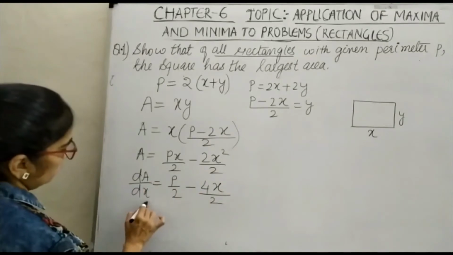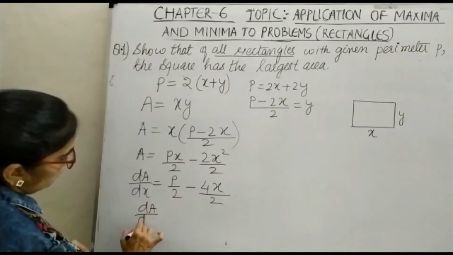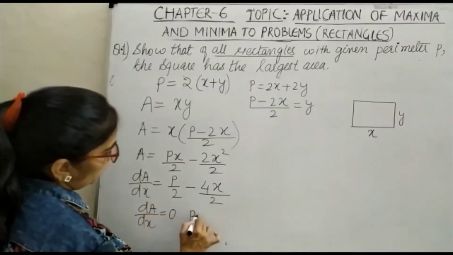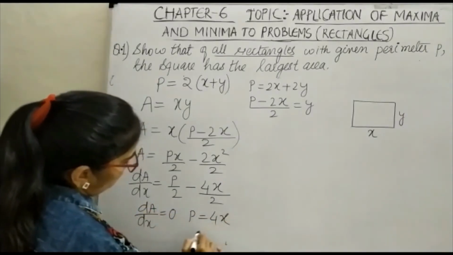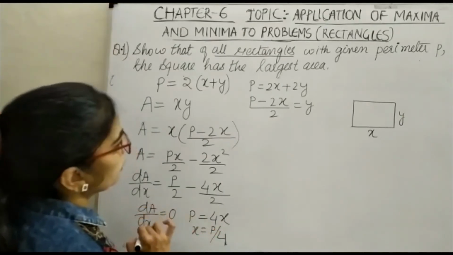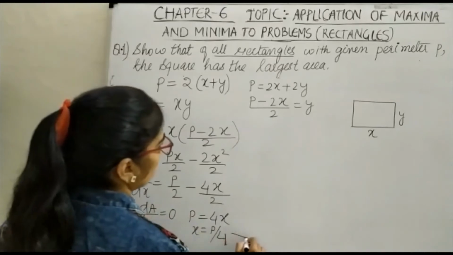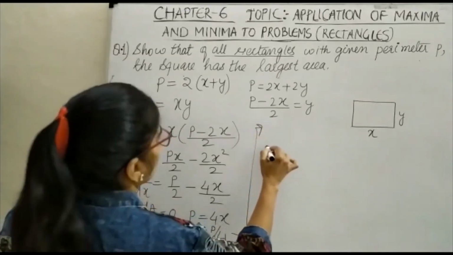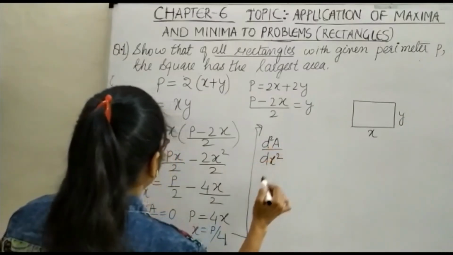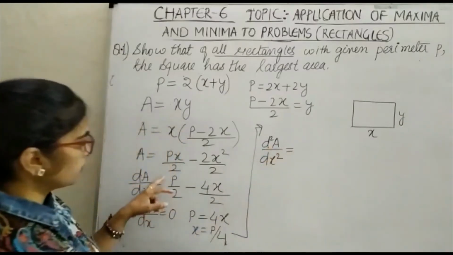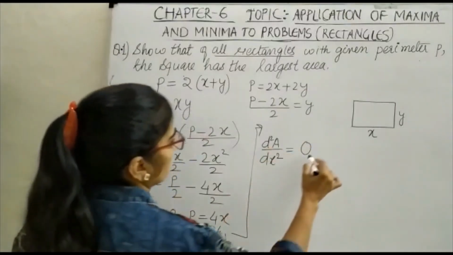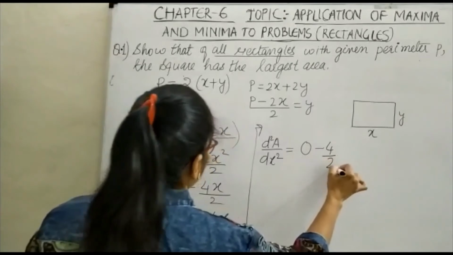Okay. Now make dA upon dx is equal to 0. So this becomes p is equal to 4x, or you can write x is equal to p upon 4. Right? Now moving on to the second derivative, that is d square a upon dx square is equal to, you can see that p upon 2, p आपका कांस्टेंट है तो आपका 0 हो जाएगा, minus 4 upon 2.